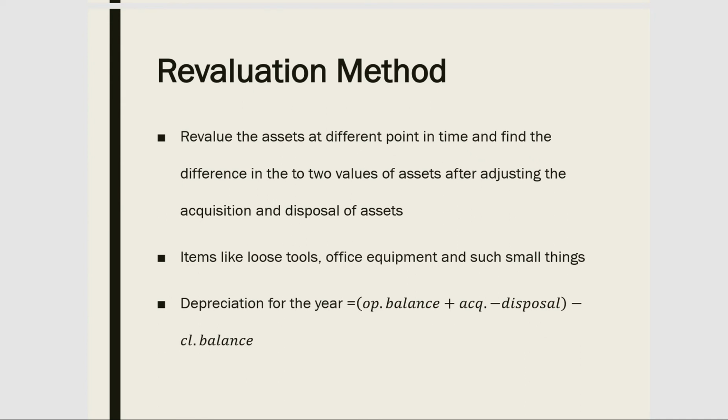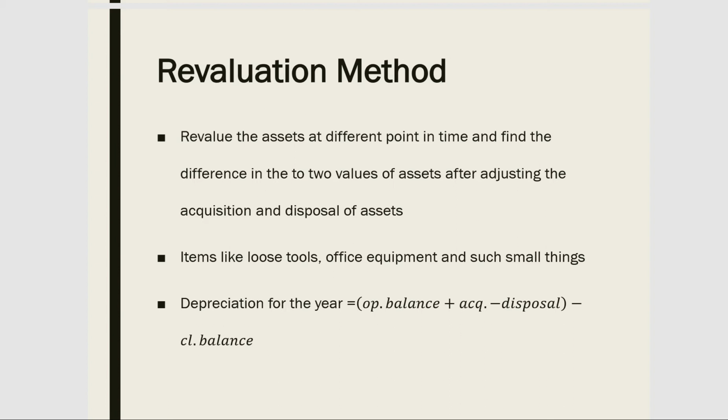In the revaluation method, we try to revalue the asset's value at two different points in time, which is at the beginning of the year and at the end of the year, and find the difference of the two values of the asset after adjusting for the acquisitions and the disposals.